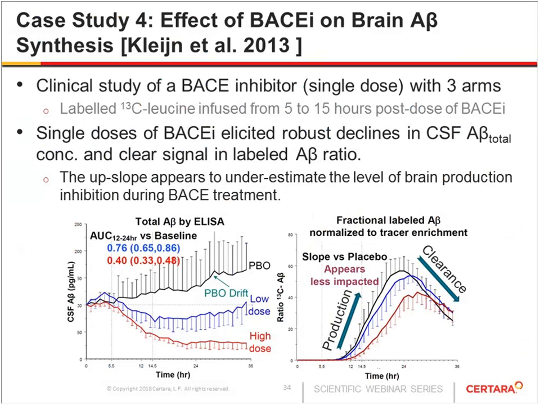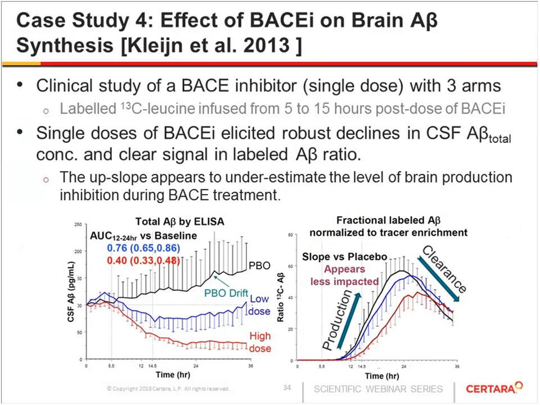My last example in terms of pharmacodynamic applications of tracer kinetics is about using a tracer kinetic approach to understand brain amyloid beta synthesis rates. And this example is a published example by Kleijn et al. from 2013.